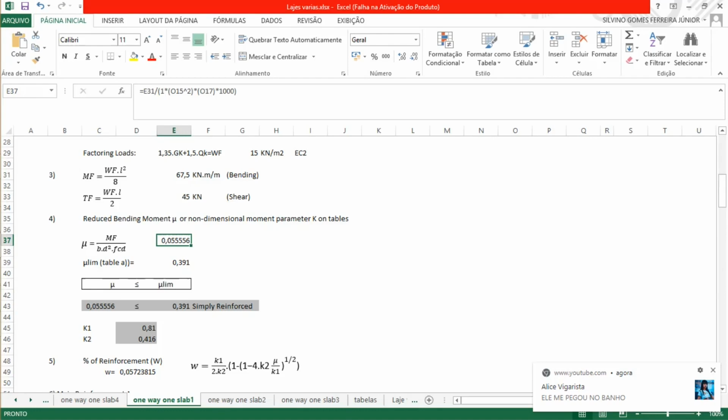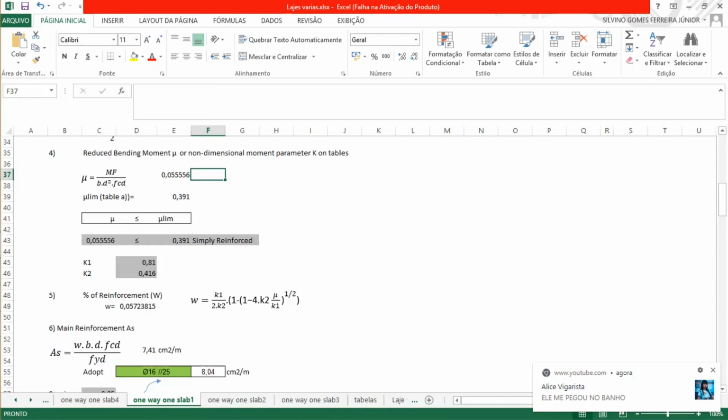So this will give us 0.056. It's a non-dimensional moment parameter.